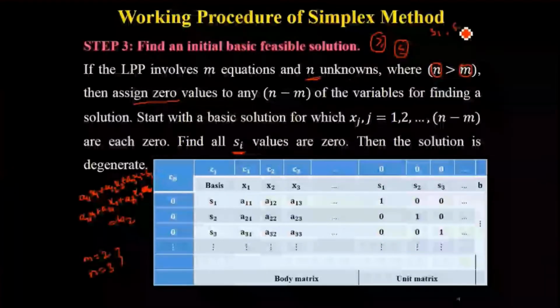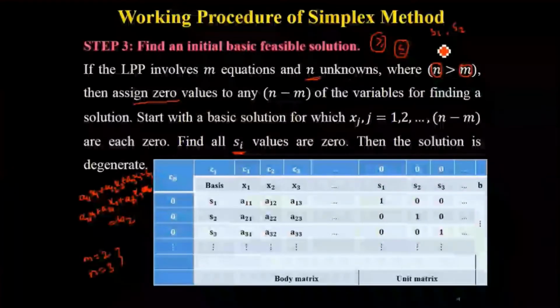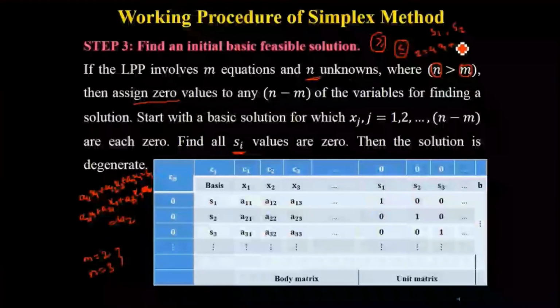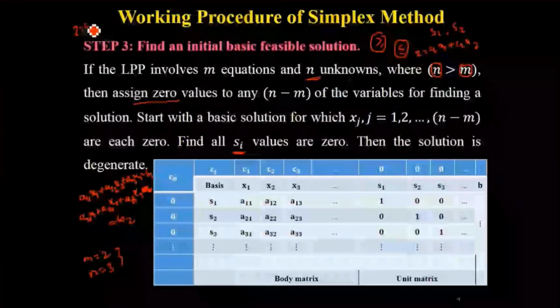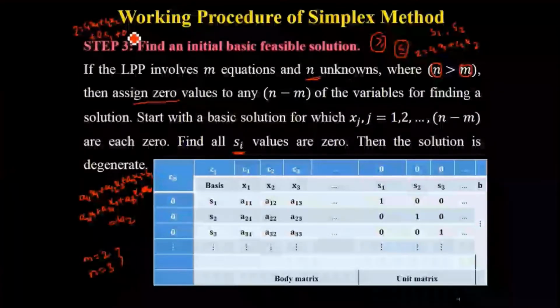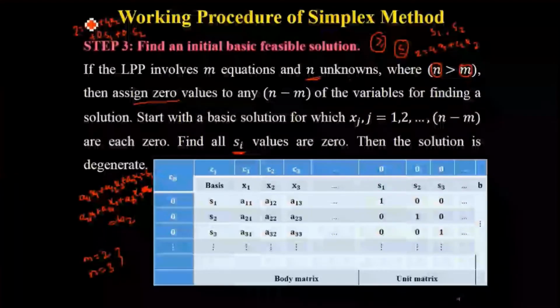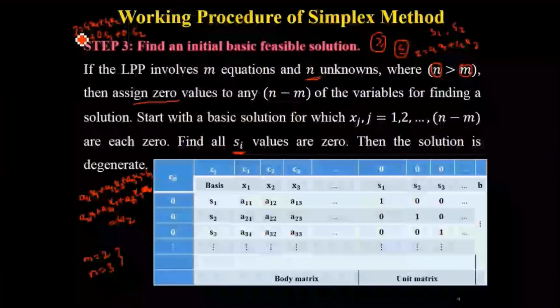So S1 and S2, if you have two slack variables for two constraints, and Z is C1 x1 plus C2 x2, you can write Z equal to C1 x1 plus C2 x2 plus 0 into S1 plus 0 into S2. Okay, so this is the way we can represent the objective function.